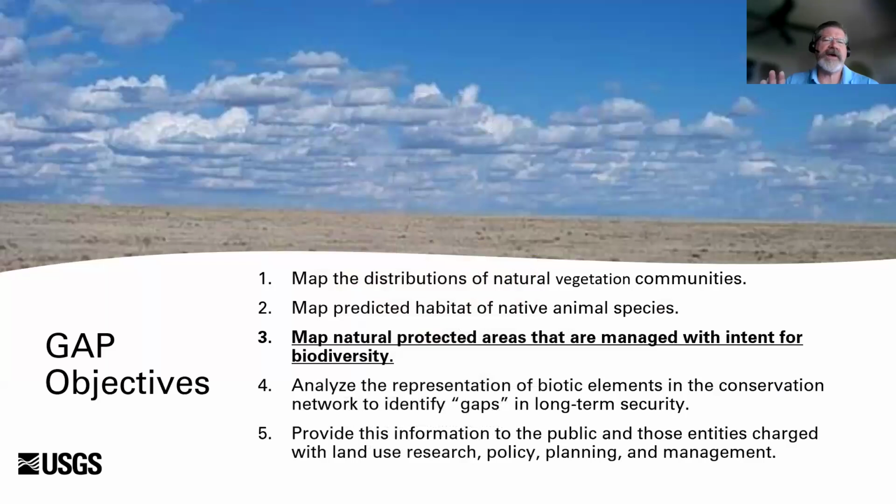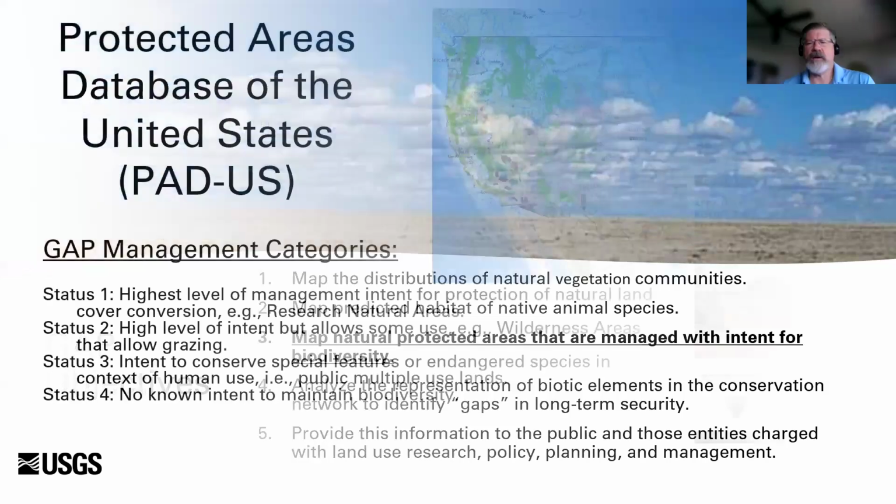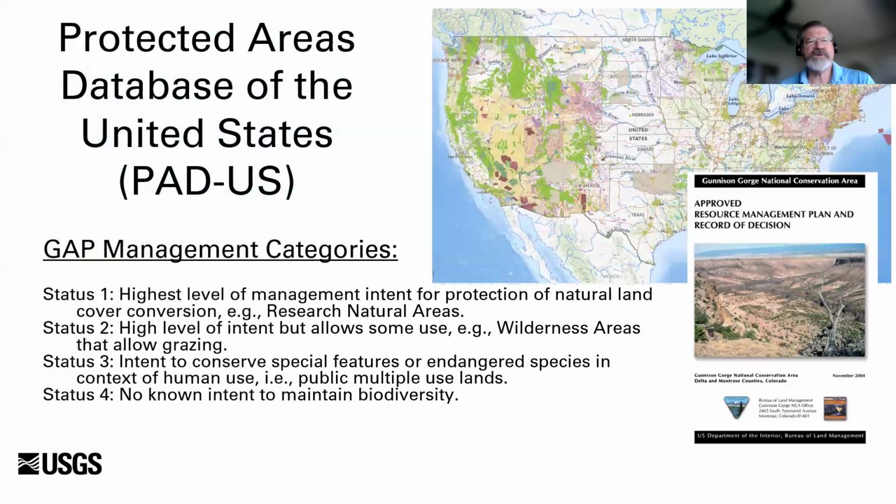So now we have habitat models, and we want to try to see what areas are protected for biodiversity. And so originally this was a GAP specific product, but it's grown beyond that to become the Protected Areas Database of the United States. And you may have heard people use the term PAD-US.